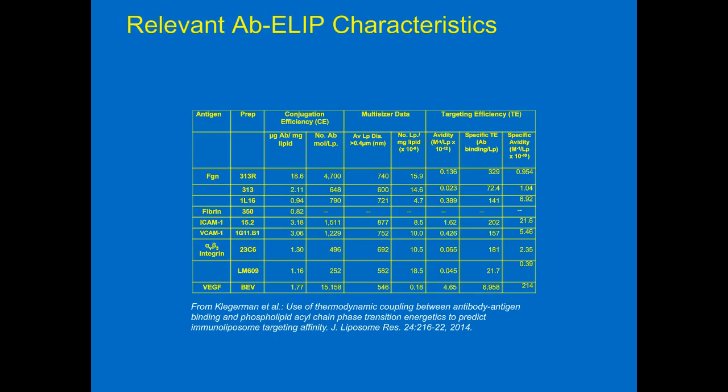Of course, the problem with that is you're using an aperture tube, and the smaller you get on an aperture, the more likely it is to clog. So there are some technical issues, but it's easy to get proficient at dealing with that. And now the Multisizer 4 is terrific.